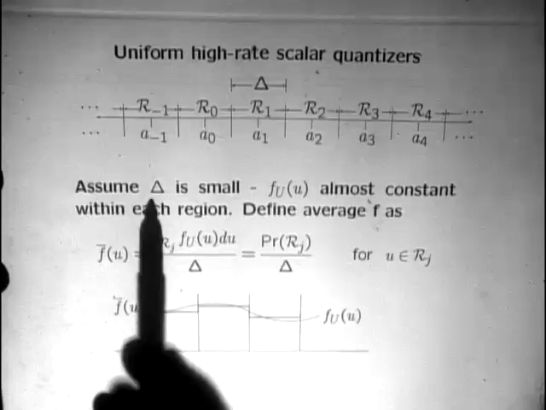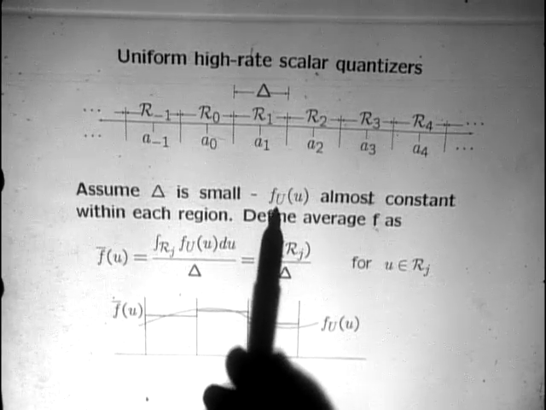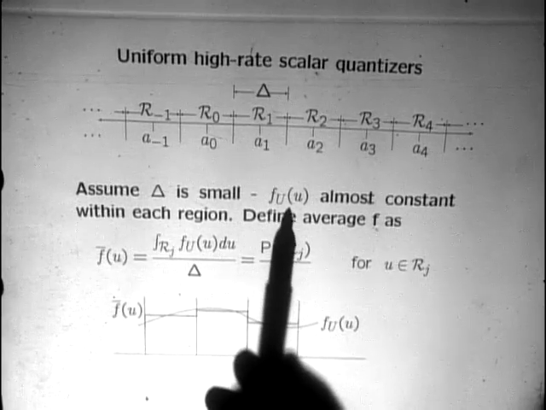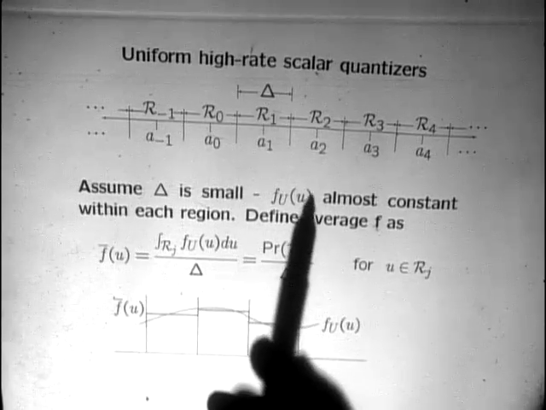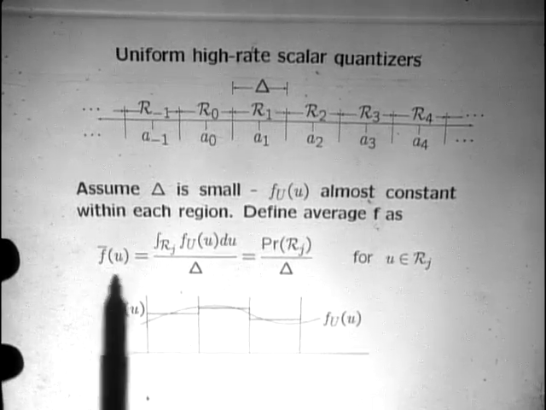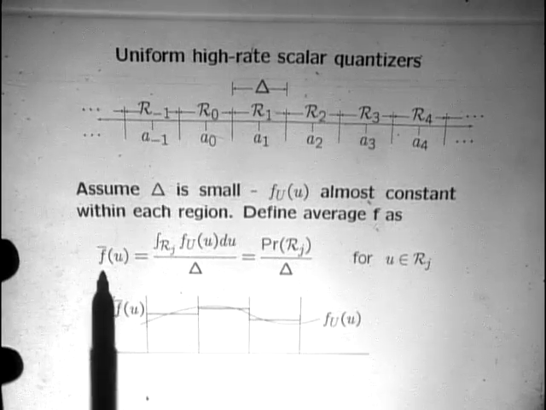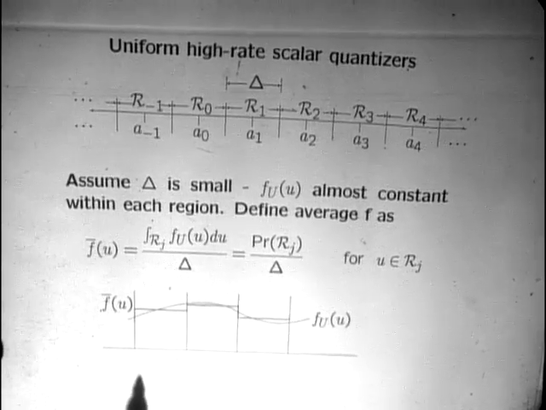Well, if I assume that delta is small, then the probability density of u is almost constant within a region, if it really is a density. And I can define an average value of f of u within each region in the following way. It's easier to see what it is graphically.